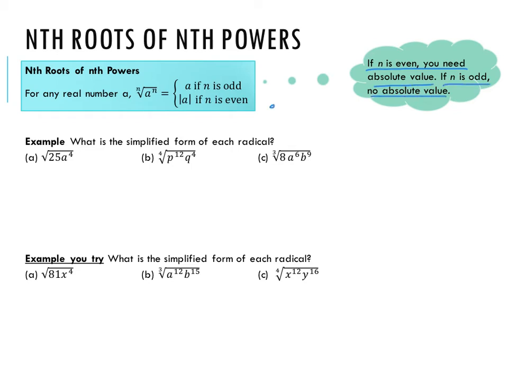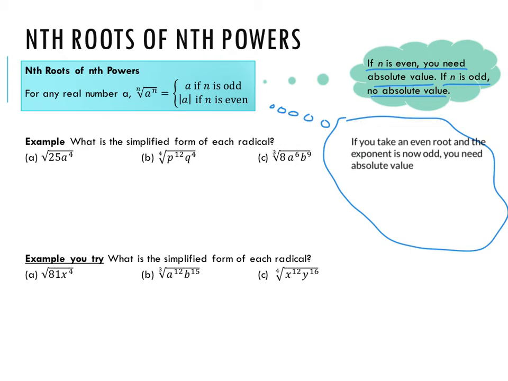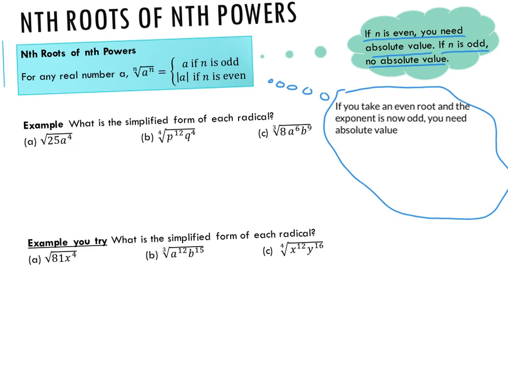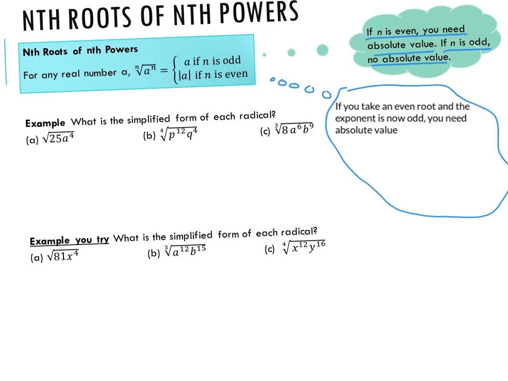Okay, let's draw another thinking bubble and illustrate what it is we're thinking. So think of it as follows. If you take an even root and the exponent is now odd, you need the absolute value. So for example, if you had something like the square root of negative 2 squared, right?